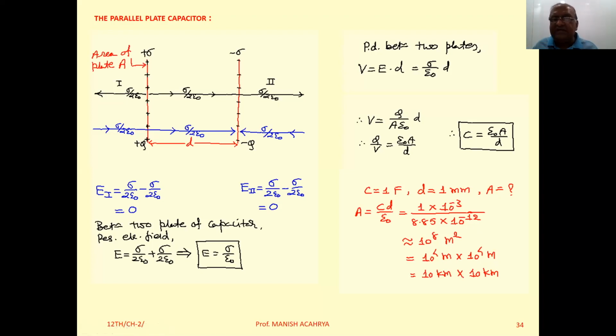So you can write 10 raised to 8 meter square as 10 raised to 4 meter into 10 raised to 4 meter. But 10 raised to 4 meter is 10 kilometer. So we can write 10 kilometer cross 10 kilometer. So from this one we can say we can use a square plate with dimensions 10 kilometer.